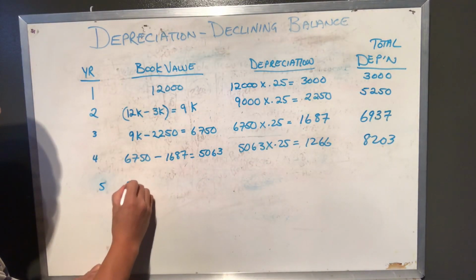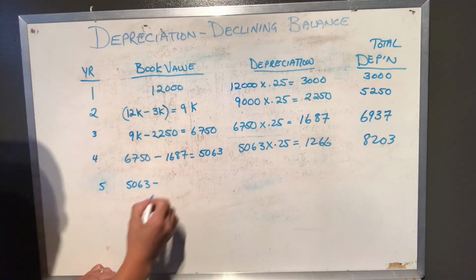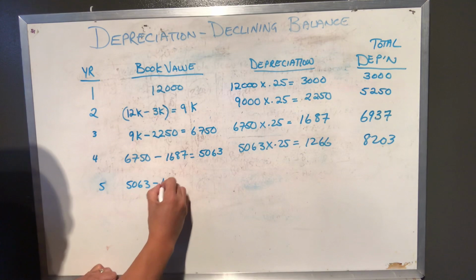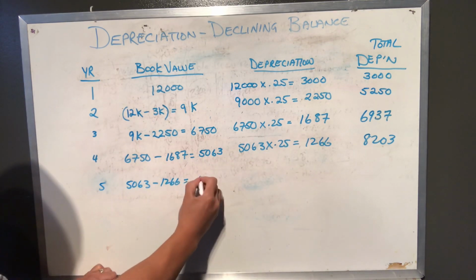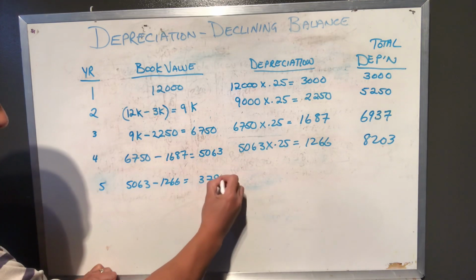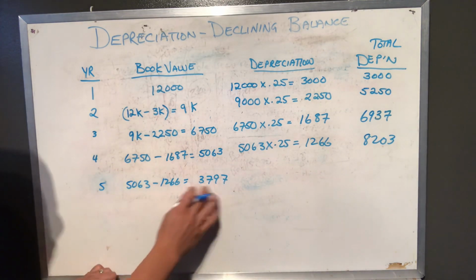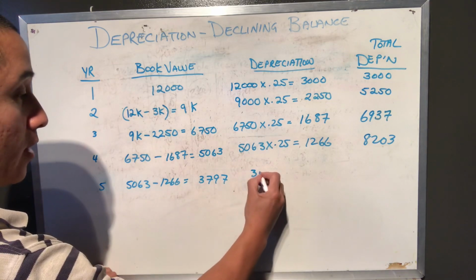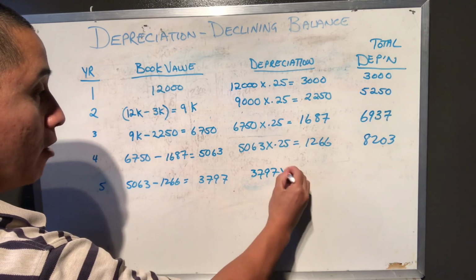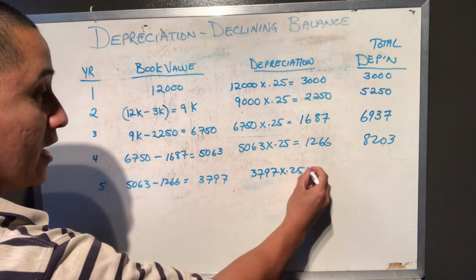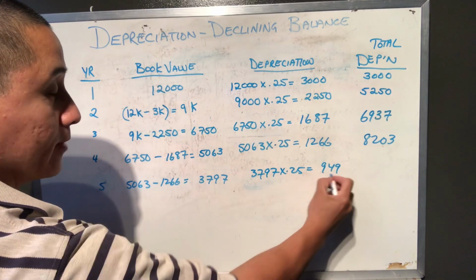The book value is $5,063 minus the $1,266 that we computed there, that's going to yield $3,797. Now, if we were to take this and calculate at a rate of 25%, $3,797 multiplied by 0.25 would give us $949.